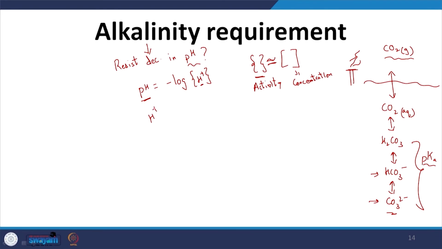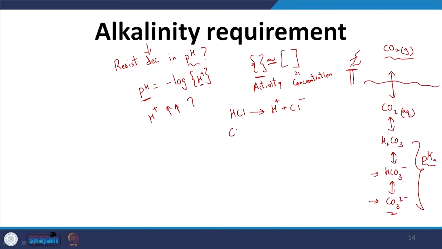So, how will H plus increase, or when will it increase? It will increase obviously when I am adding a source of H plus. What are the typical sources of H plus? It can be an acid. I know that HCl is a strong acid, because pK is very low. At most pH ranges, it will go to H plus and Cl minus, or there are other acids too, which are relatively weaker.